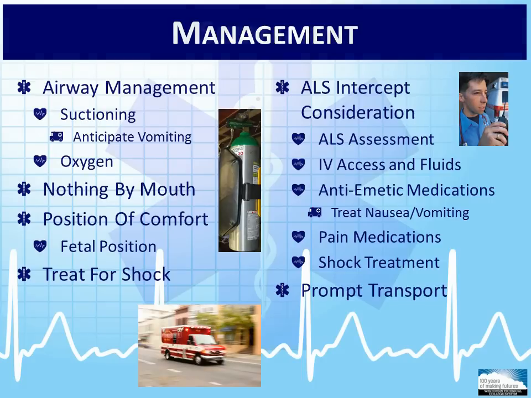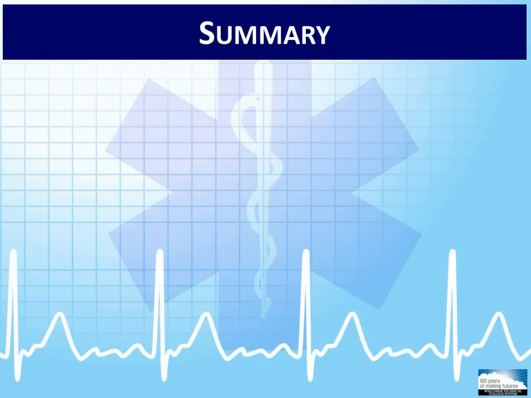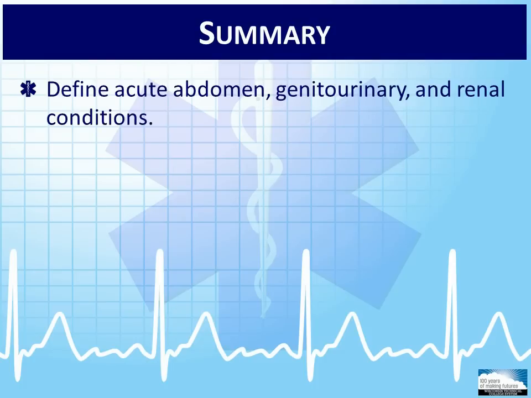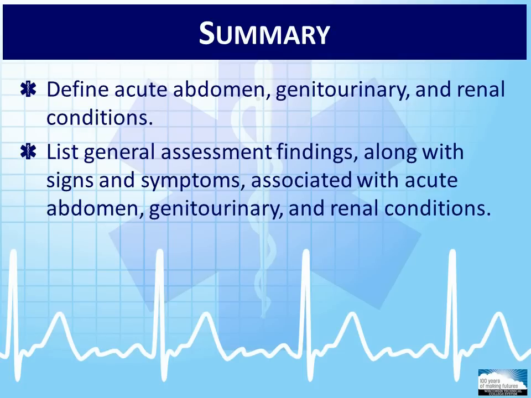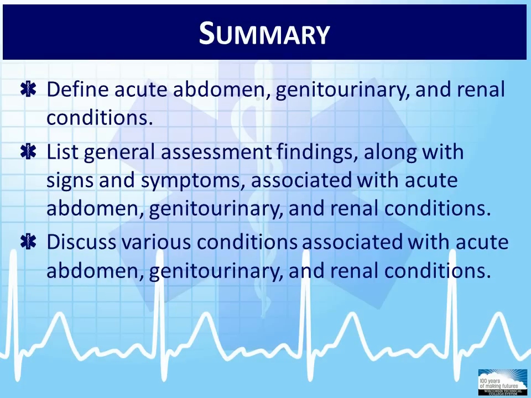Given your completion of this module, you should now be able to define acute abdomen, genitourinary, and renal conditions. List general assessment findings along with signs and symptoms associated with acute abdomen, genitourinary, and renal conditions. Discuss various conditions associated with acute abdomen, genitourinary, and renal conditions.